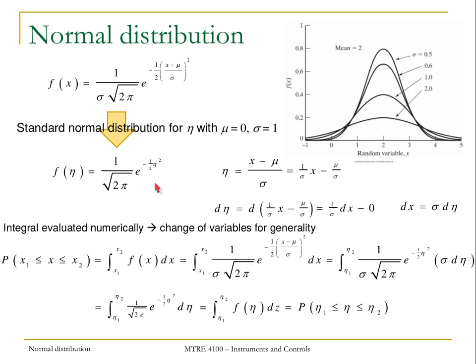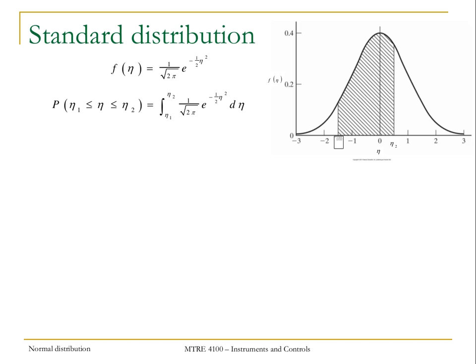Now, we're going to look at graphically what this means. Here's our normal distribution function, f of eta, and the hatched area is the probability of the value of eta being between eta 1 and eta 2.